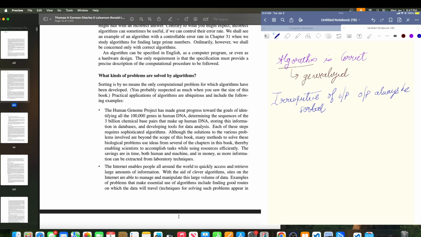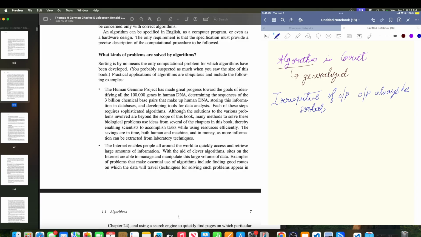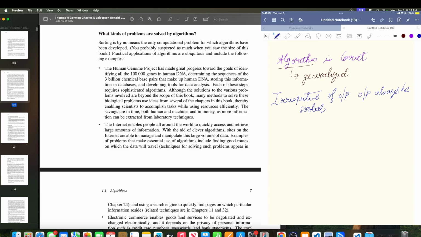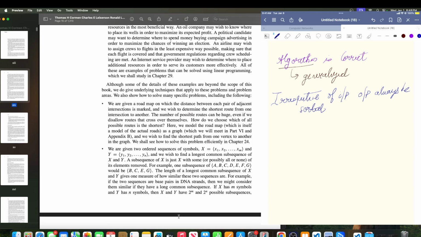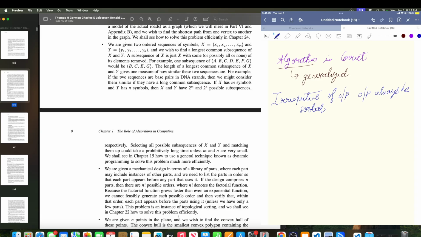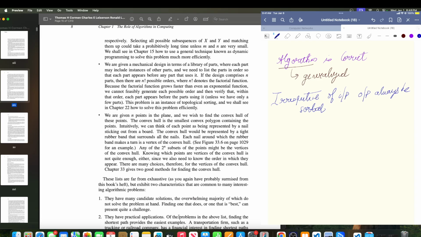For example, the Human Genome Project has made great progress towards the goals of identifying the 10,000 genes. So basically, anything that requires processing will be done with the help of some kind of algorithm. There are multiple use cases, not restricted to sorting.